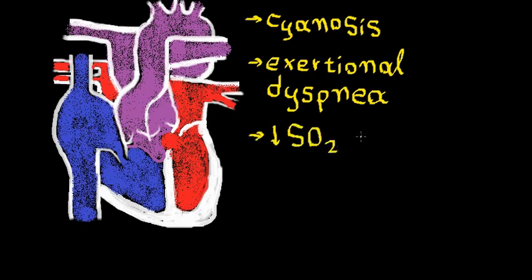It means that if we take an oximeter and we measure with the finger of the baby or from the foot of the newborn, the pulse oximetry is going to be decreased. We can see enlarged, mainly the right ventricle, so we have right ventricular hypertrophy.